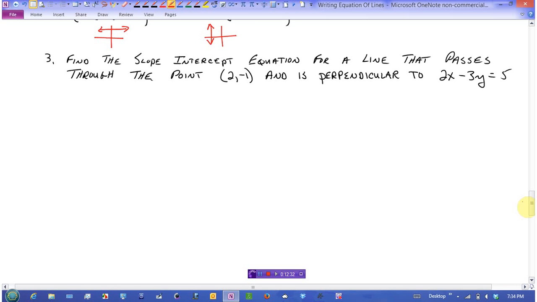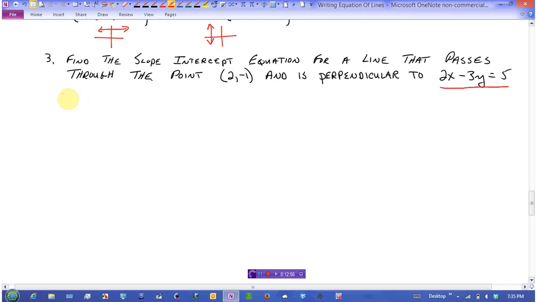It says find the equation of a line in slope-intercept form that passes through the point (2, -1) and is perpendicular to this line, 2x minus 3y equal 5. What we want to do is use this line, 2x minus 3y equal 5. We're going to find its slope, and then we know that we can find the slope of our line.